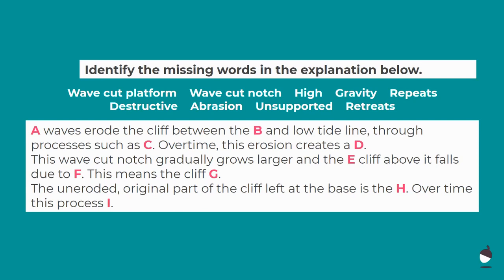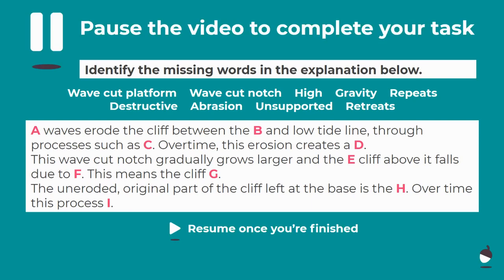So you've got 9 words there, and there are 9 letters in the paragraph of information that I want you to match those to. You can just jot down letter A equals. Alternatively, if you want to write down it all, then feel free. So pause the video now to complete your task and resume once you're finished.